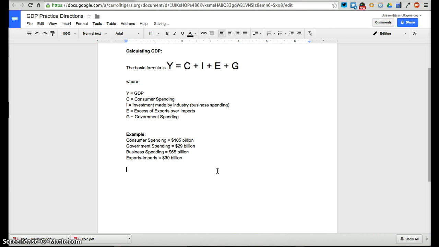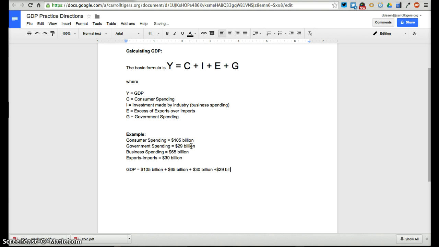So we would take this example and say GDP equals consumer spending C 105 billion plus I, which is investment made by industry, also known as business spending, 65 billion, plus E, which is excess of exports over imports that was already given to us at 30 billion, plus government spending, which was 29 billion.